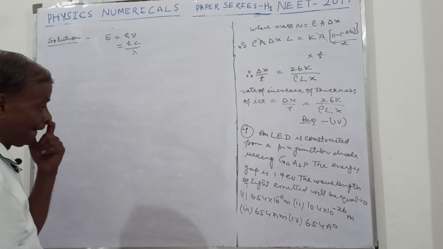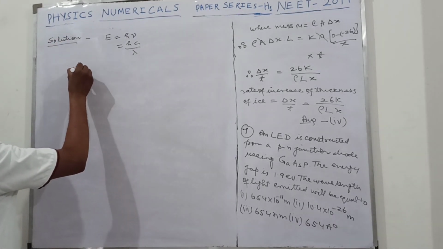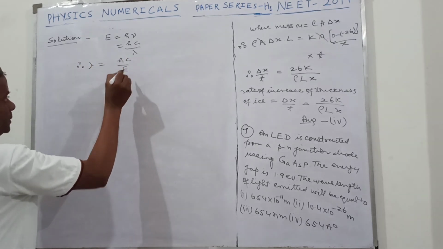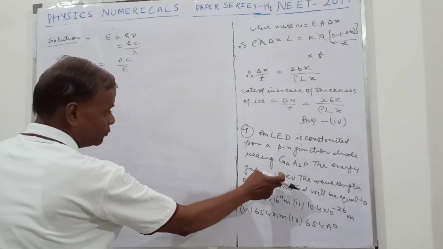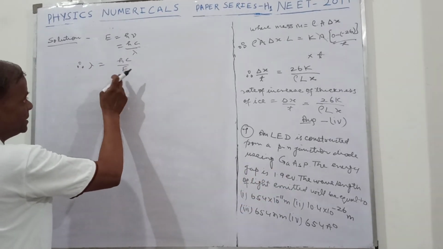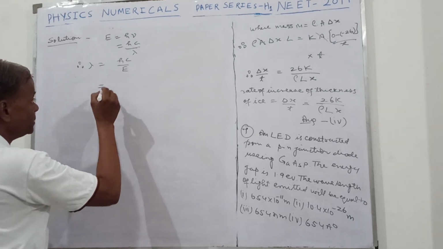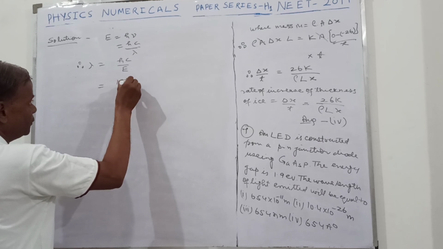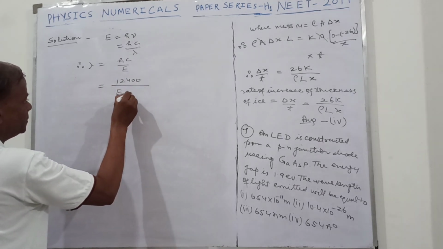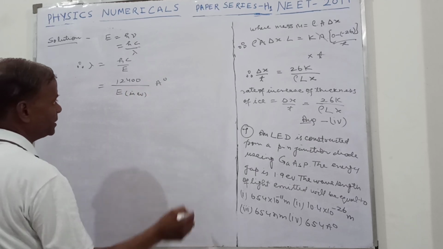You have to find the lambda. Therefore, lambda equal to hc upon E. Now E is given in electron volt. So what we do? You put the value of h and c. There is a formula directly to be used here: 12,400 upon E in electron volt, the answer in angstrom.